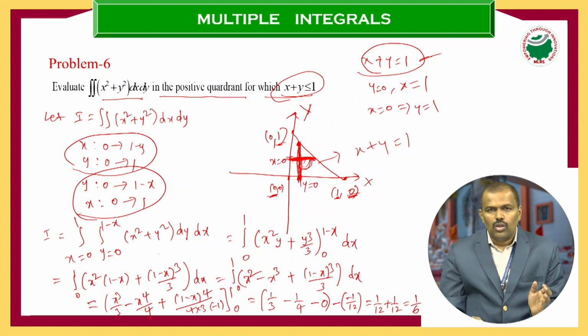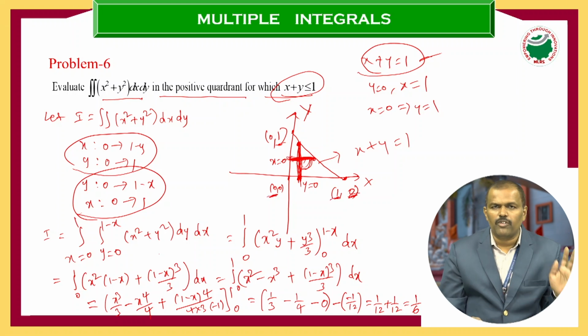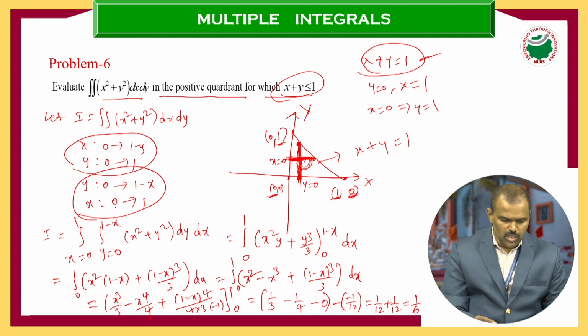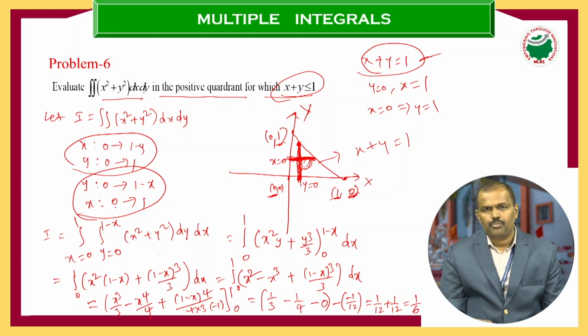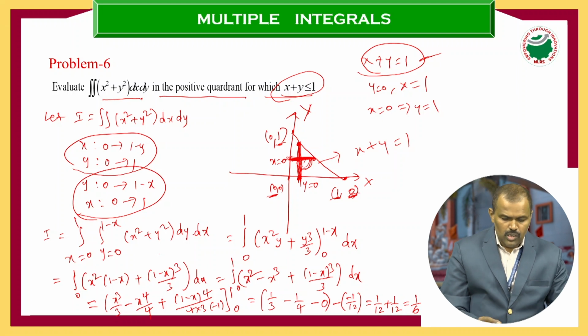So here now the entire expression is in terms of x. Now we have to integrate with respect to x within the limits 0 to 1. So here integral of x square is x cube by 3, minus integral of x cube is x power 4 by 4.